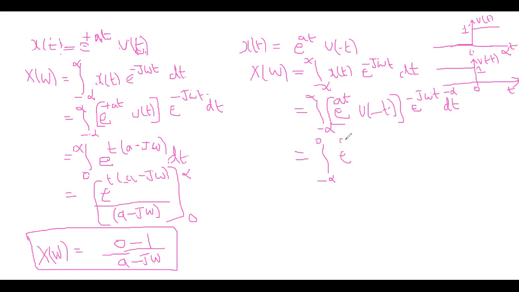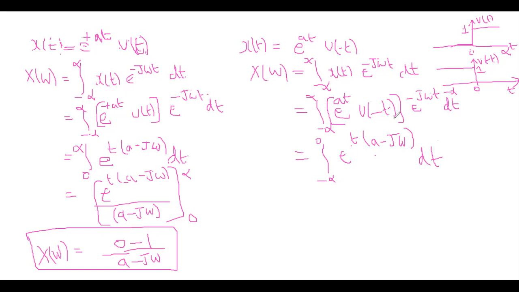So e power at, both the bases are the same. You can take t as common: a minus j omega into dt.